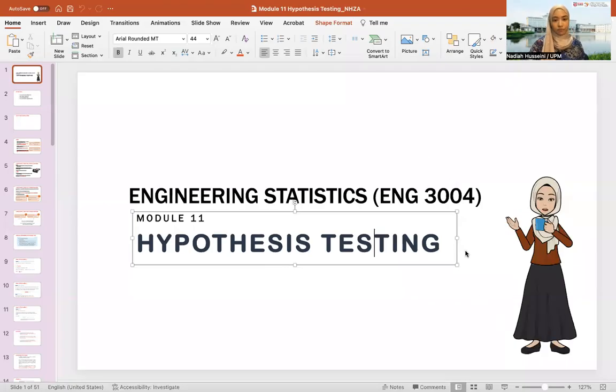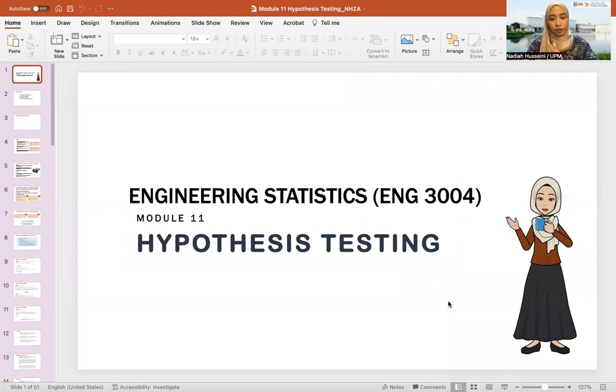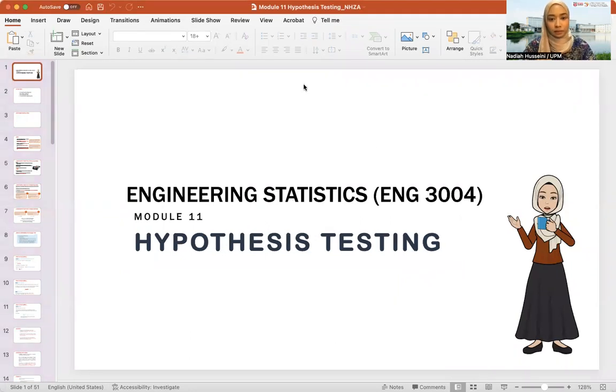Hypothesis, module 11. Okay, so for your group project, you will be exploring confidence interval and also hypothesis testing. So hypothesis testing is basically asking a question and trying to prove whether your hypothesis is correct or not.